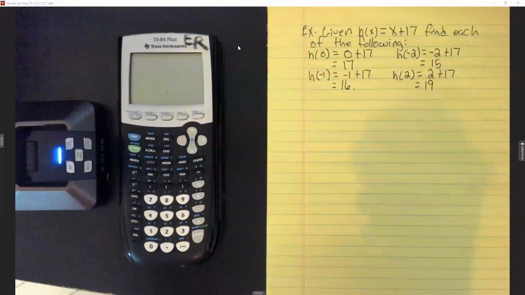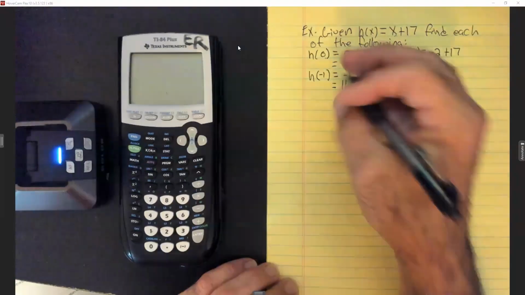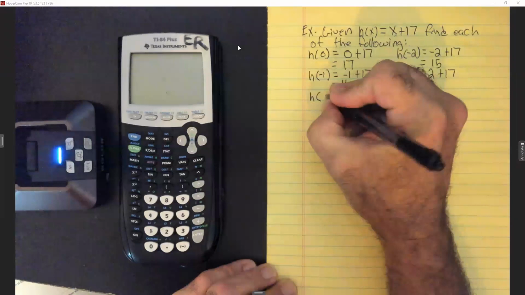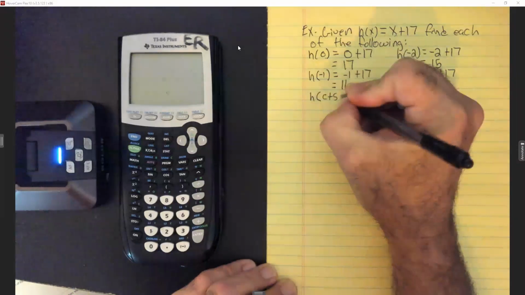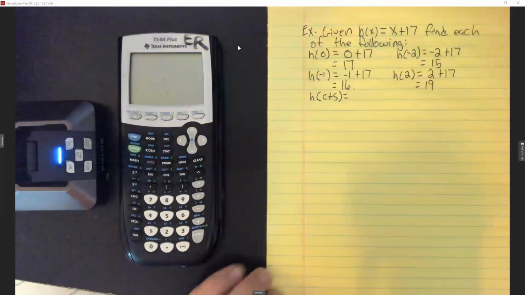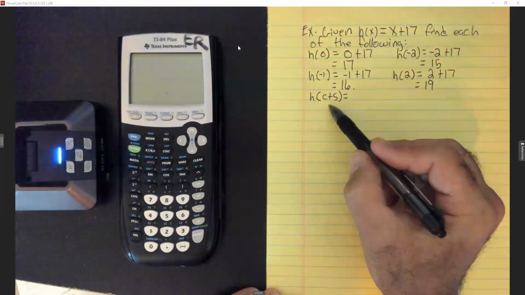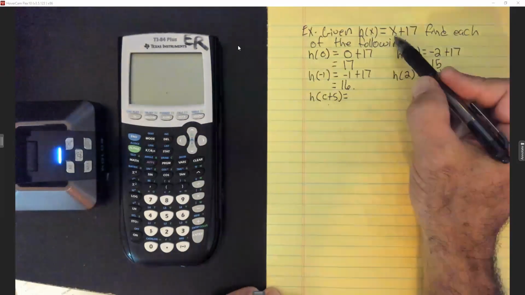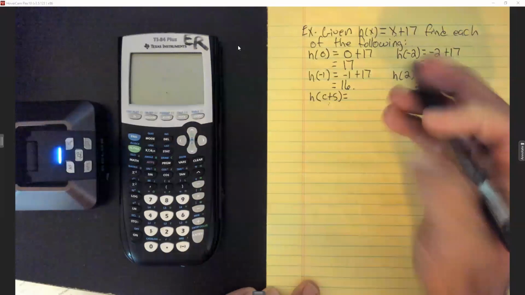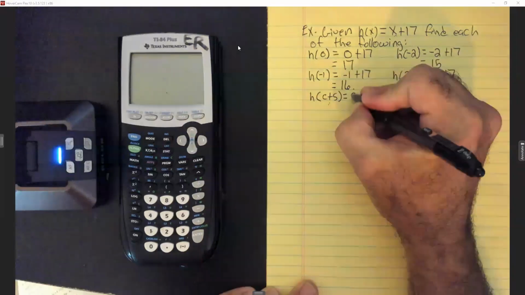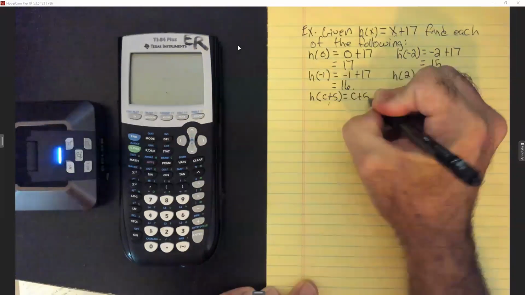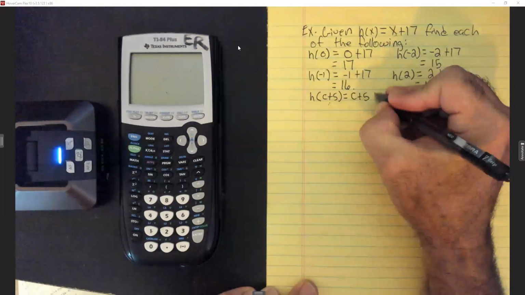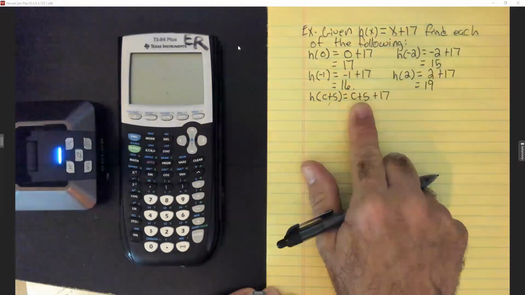Now, the last one of those is h of c plus 5. So since c plus 5 is where my variable is, I got to replace that x with c plus 5. So I'll have c plus 5 plus my 17. So you still got an x plus 17, although our x is now 2 parts, okay?